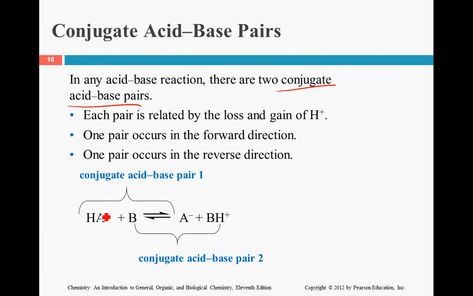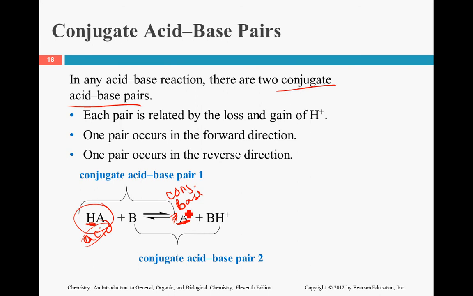So for instance, HA, there's our hydrogen. So that means this is the acid. And if you notice over here, it doesn't have the hydrogen in front of it. Now, if it were to go back to the left-hand side, it could accept an acid. So this is the acid. That makes this the conjugate base.